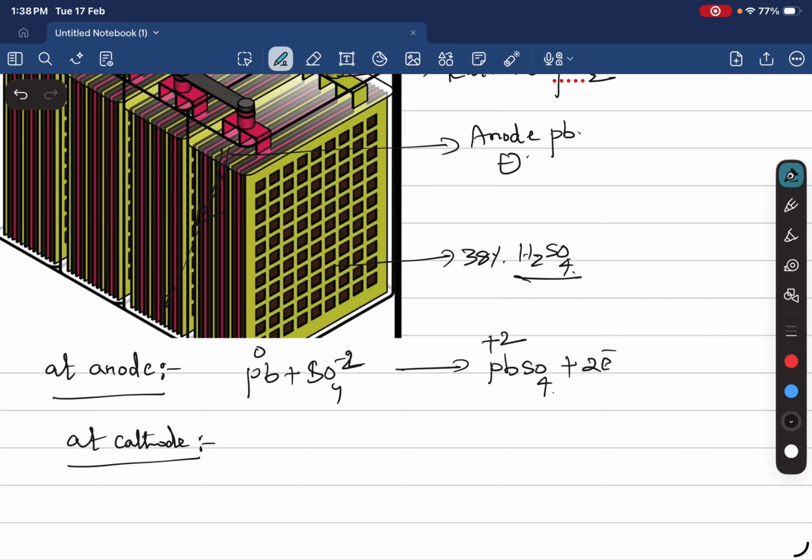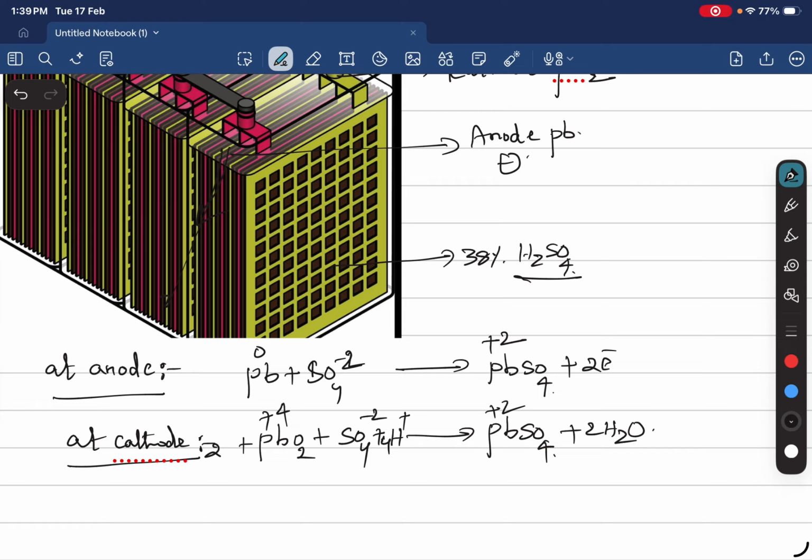At the cathode PbO2 is converted into PbSO4. So here the oxidation state is decreasing by 2 units. Here the oxidation state is +4, and here PbSO4 is there, so with SO4 and H+, you can write it as 4H+ and 2H2O. Whatever the 2 electrons are there, they are accepted here, so that +4 is converted into +2.